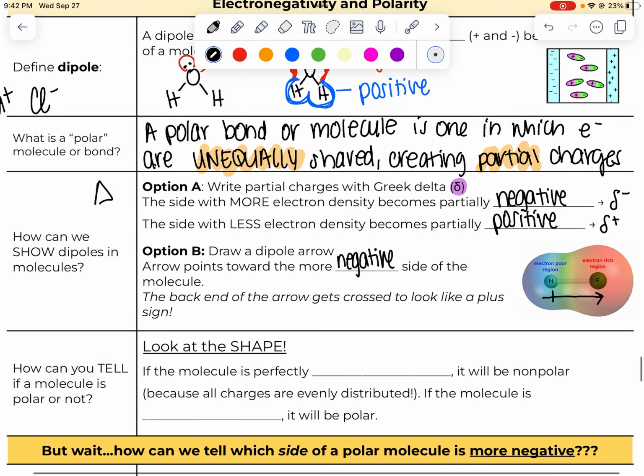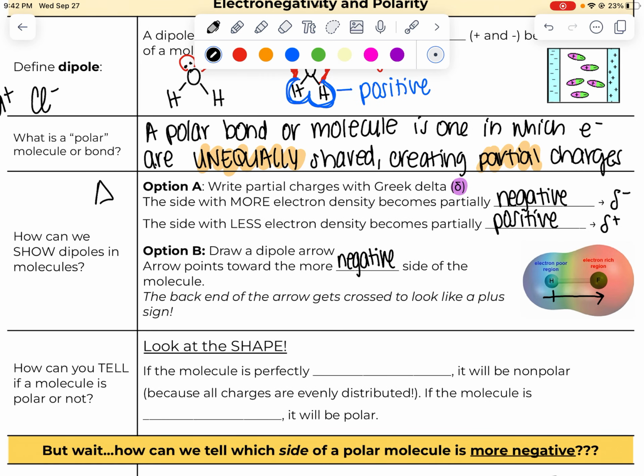So how can you decide if a molecule is polar or not? What you have to do is look at the shape. Like I said earlier, geometry is super important because geometry gives rise to polarity. If you have a molecule that's perfectly symmetric, meaning it's the same across the whole molecule, it's going to be non-polar because all your charges are evenly distributed.